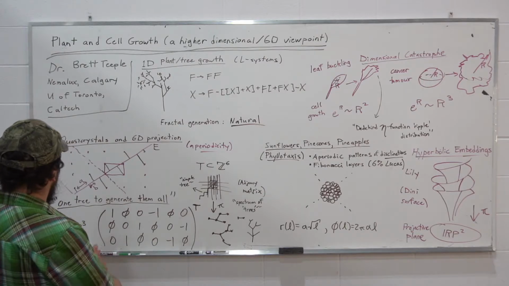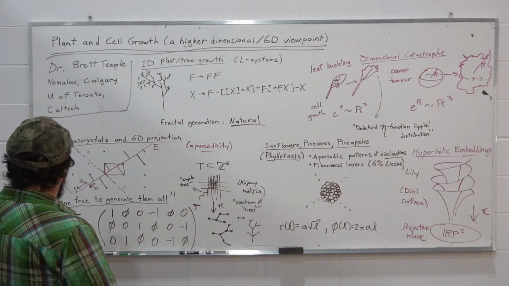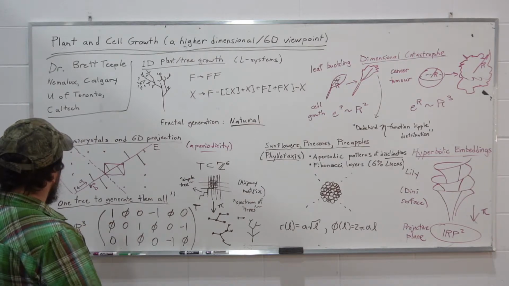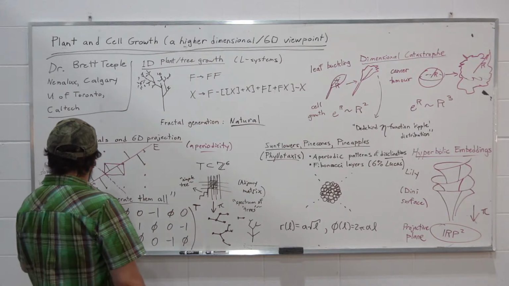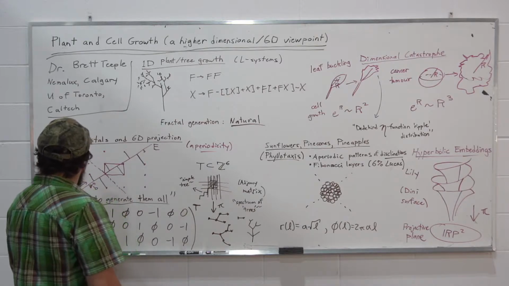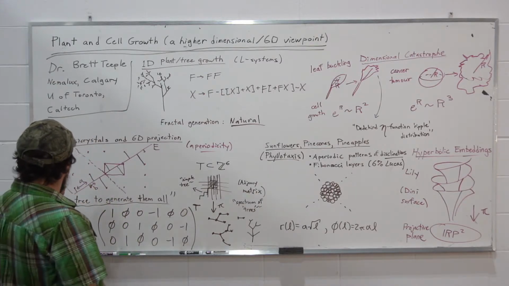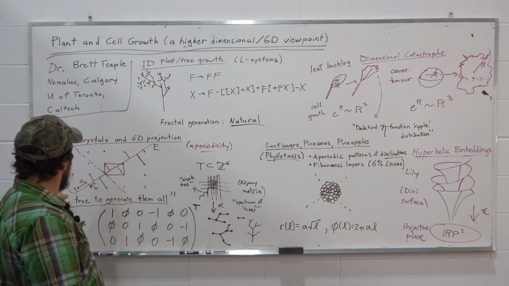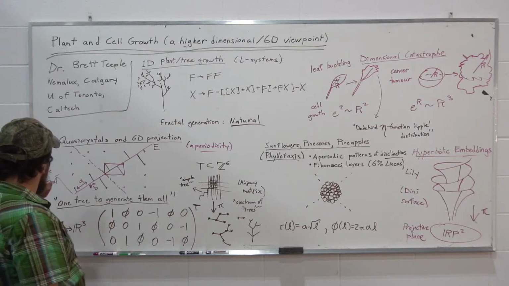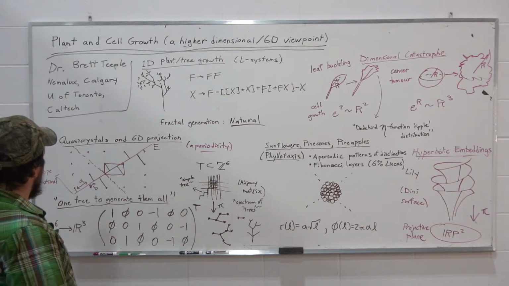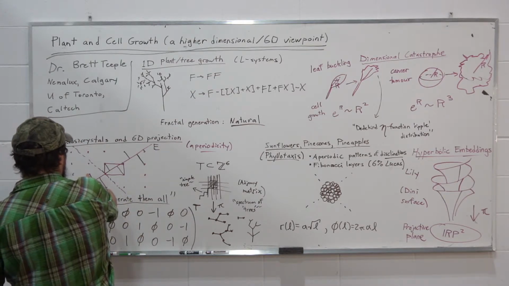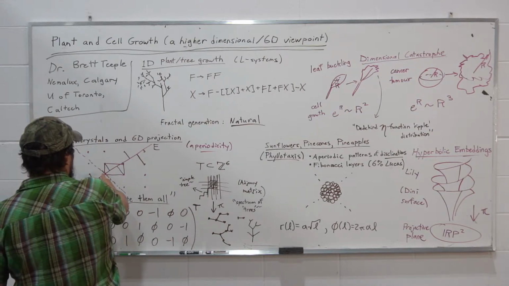So if you have a 1-dimensional pattern that is not periodic, but is aperiodic, you can get it just from, say, a 2-dimensional lattice, and you just draw a line through it that has an irrational slope, and then you draw a projection of all the lattice points onto that line.